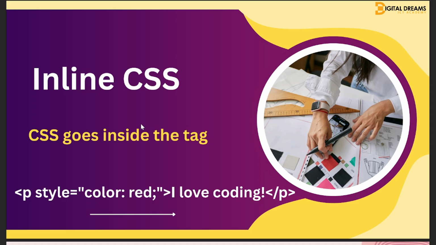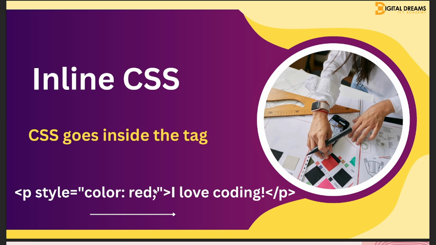Now, we already learned inline styling, and this is where CSS goes inside the tag. Like I told you before, your elements, let's say for instance the P tag, you can add a style attribute right inside, without having to close it, and not in between. I said inside. You can see what's on your screen.